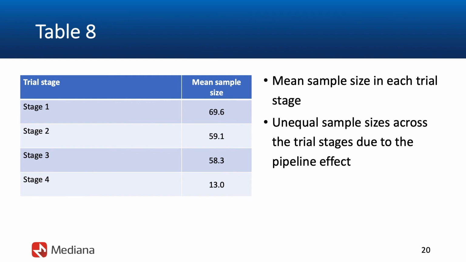And the main reason we see so many patients here in stage 1, which is again almost 70 patients on average instead of 50 patients, which is the expected sample size for this stage, is because 20 of those patients are pipeline patients. They should have switched to the new randomization scheme for stage 2, but they were randomized to the trial arms before the information was available to update the randomization scheme.